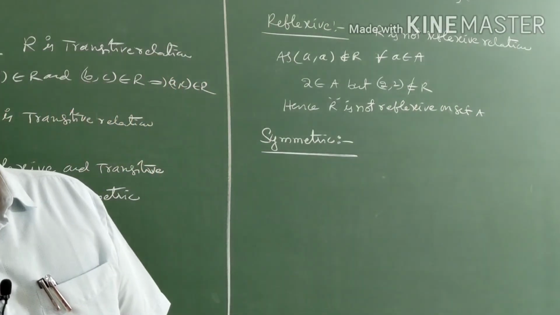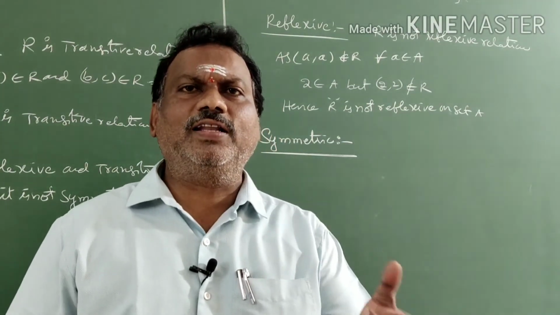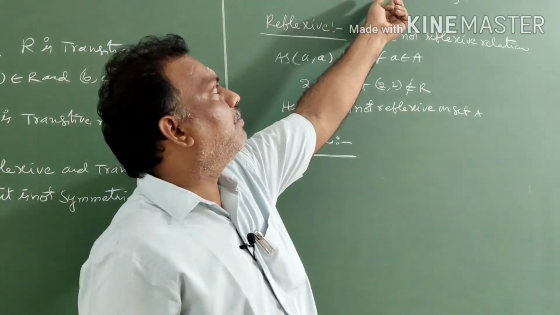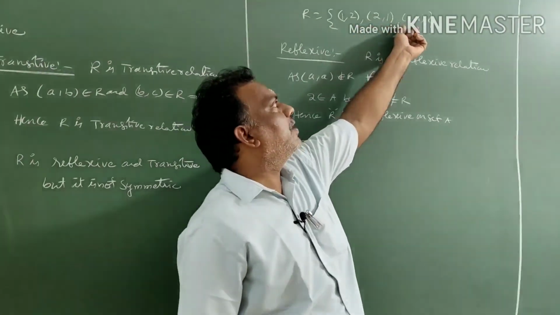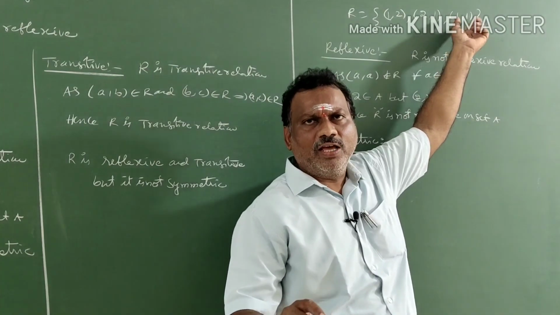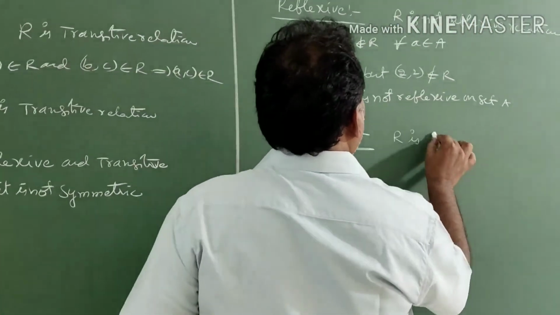Next we will go through symmetric. You have to check whether R is symmetric or not. Symmetric definition: if ordered pair AB belongs to R, there must be BA also. See, ordered pair (1,2), there must be (2,1) also. Ordered pair (1,1), AB is (1,1), and BA is also (1,1) only.